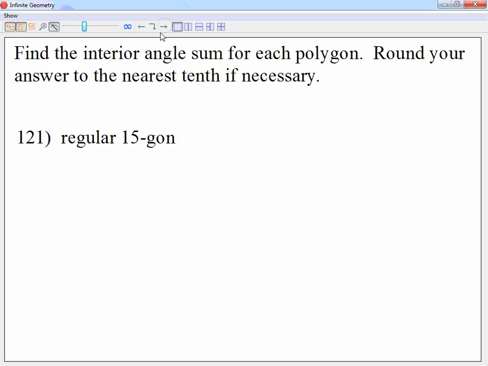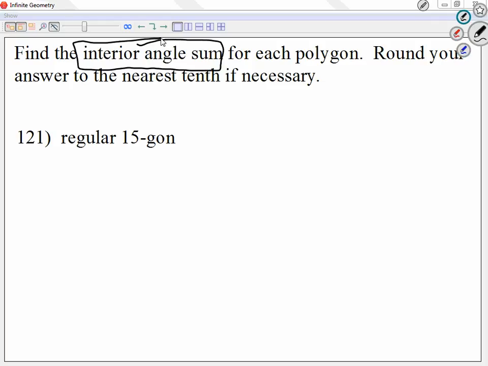Now 121, find the interior angle sum for each polygon. Do keep in mind that we need to read the instructions. Round your answer to the nearest tenth if necessary. Interior angle sum is the sum of the angles on the inside.